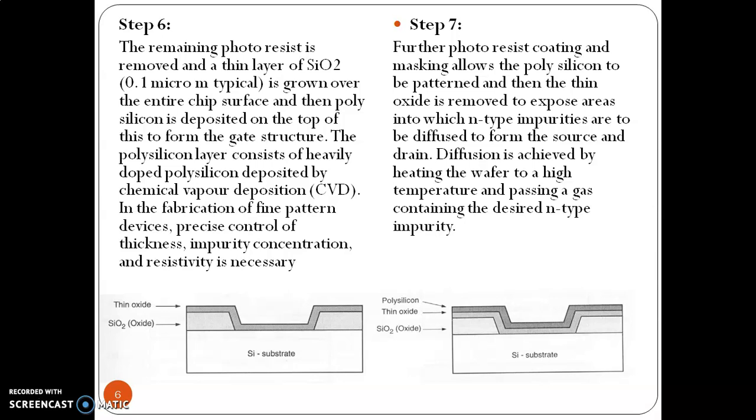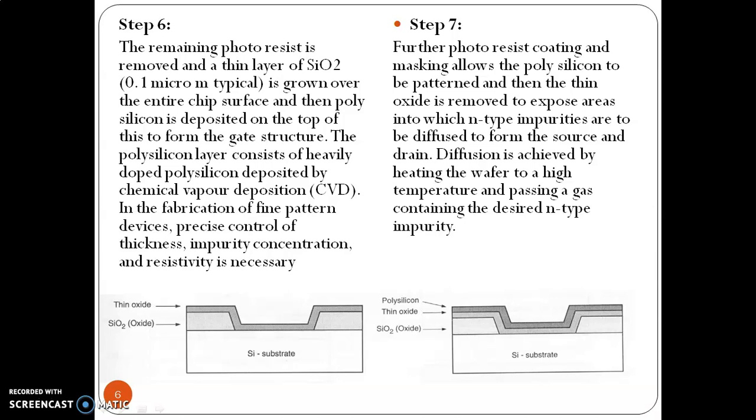This polysilicon is deposited onto the silicon dioxide. You will pattern the polysilicon, and a perfect area of polysilicon is formed. As shown in this figure, first the thin oxide is placed, and above this thin oxide, polysilicon is laid up.